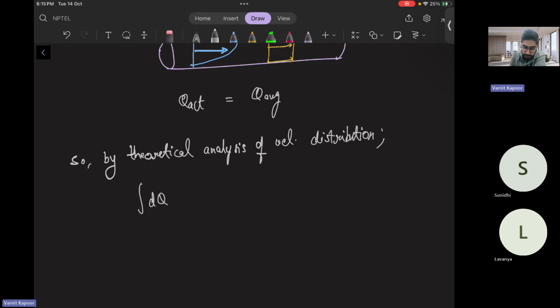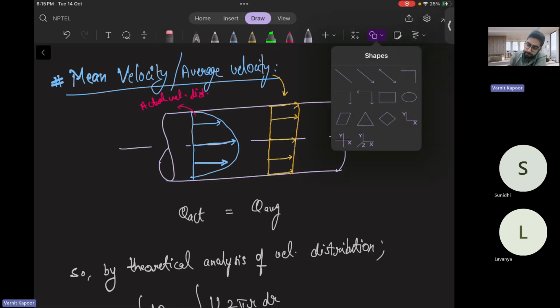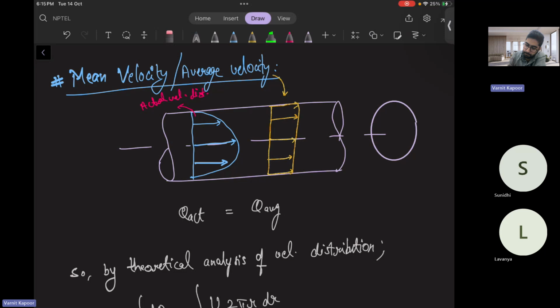We can get the flow rate dQ, which is nothing but velocity into 2 pi r circumference into dr. How? Suppose I draw a pipe, side view here. I take a radius at r, a small element of the radius at r, like this.